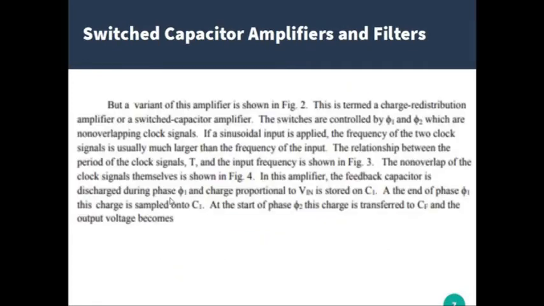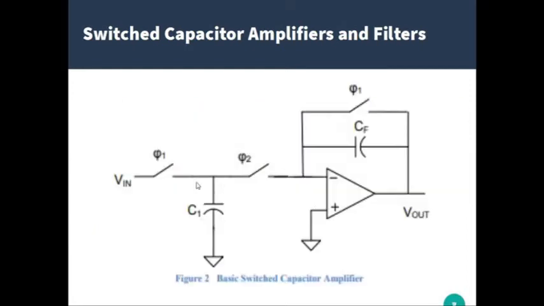Okay, let's go back here. In this amplifier, the feedback capacitor is discharged during phi sub 1, and charge proportional to V in is stored in C sub 1. At the end of phase phi sub 1, this charge is sampled onto C1. At the start of phase phi sub 2, this charge is transferred to the feedback capacitor and the output voltage becomes, so this is what it's saying.